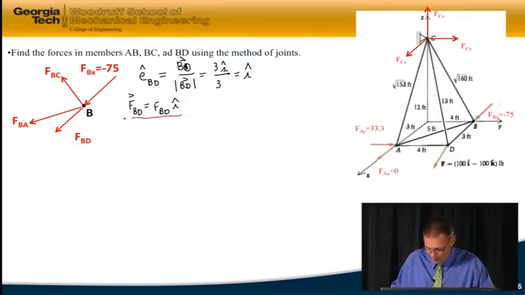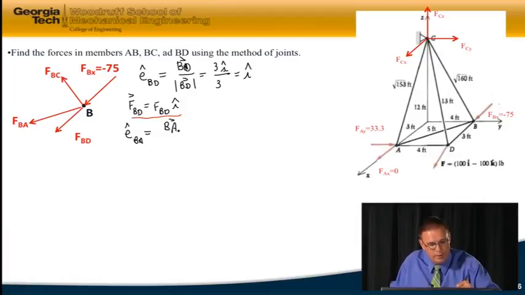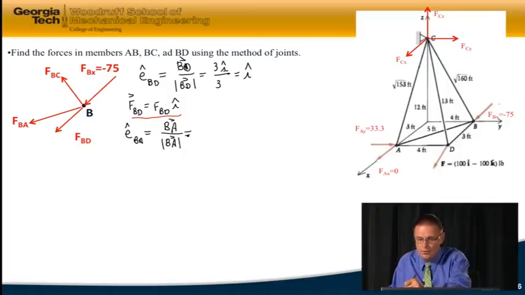Let's do BA next. So we've got the unit vector from B to A will be the position vector from B to A divided by its magnitude again. And so the position vector from B to A is, we have to go 3 in the I direction and minus 4 in the J direction.